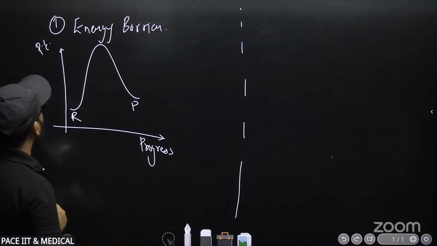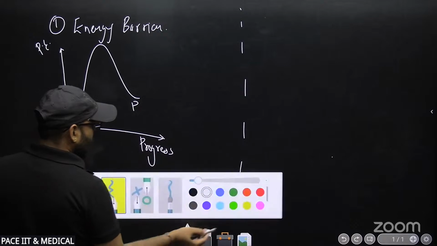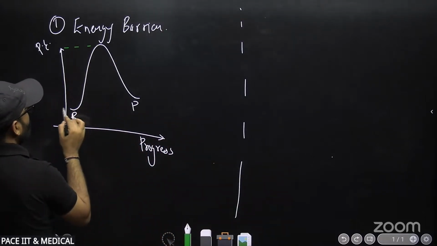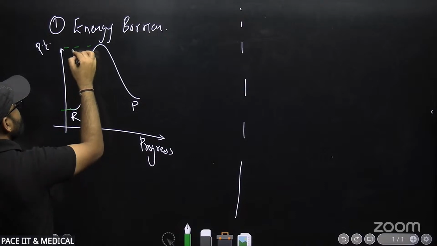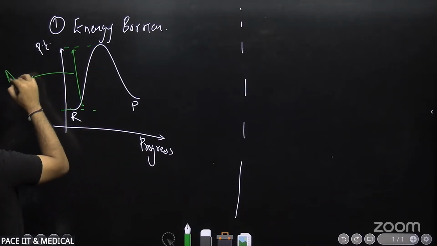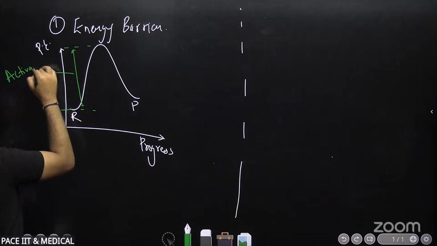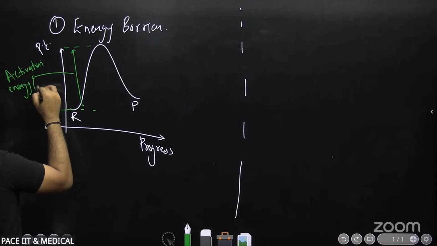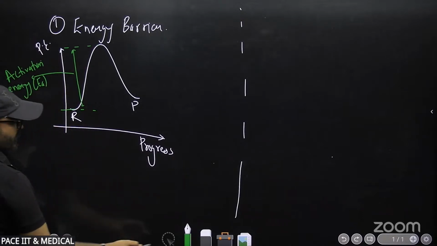Okay. Now this value, this much value is known as activation energy. Activation energy. It is represented by EA.